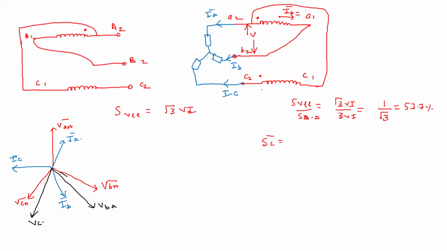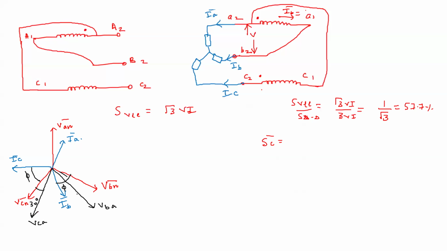So this IB makes an angle phi with VBN, which is the power factor angle. Here also VCN makes phi. This is 30.